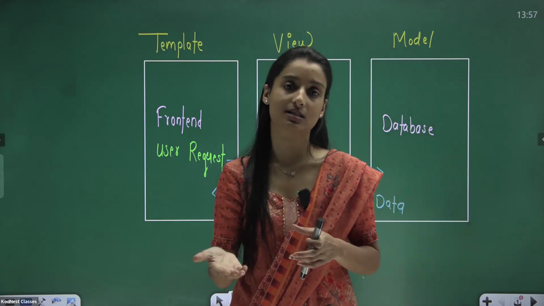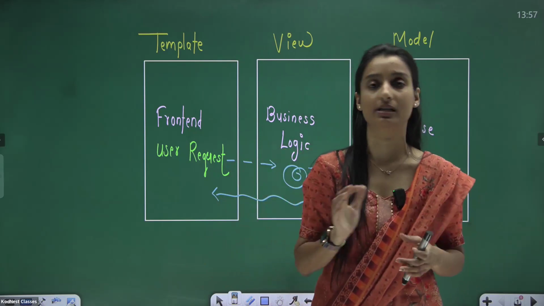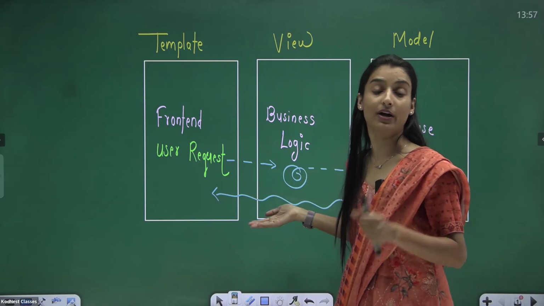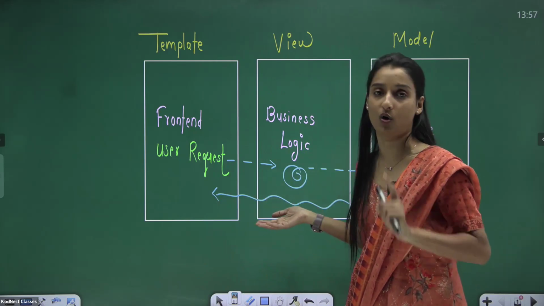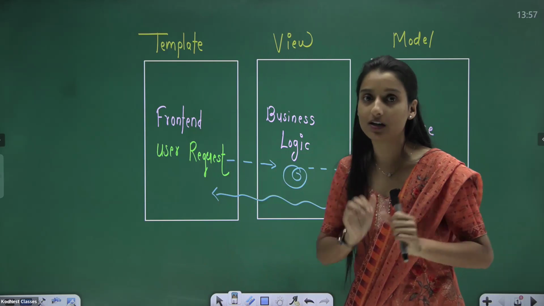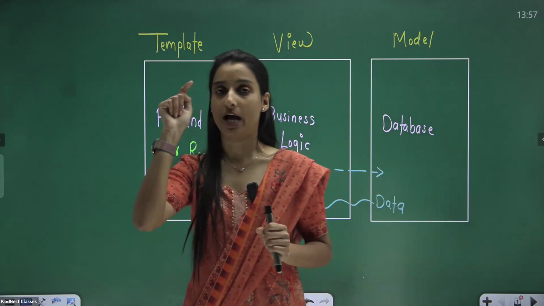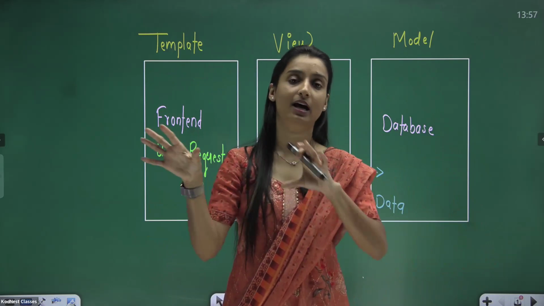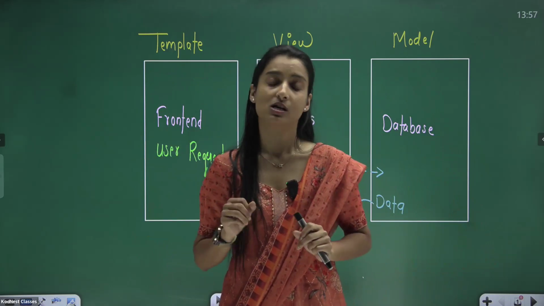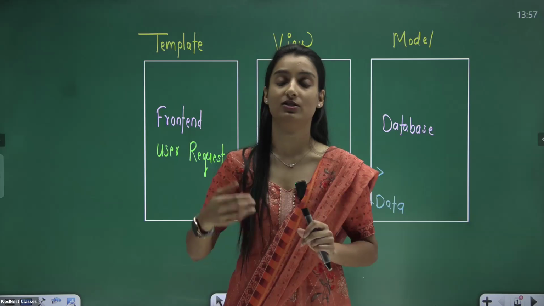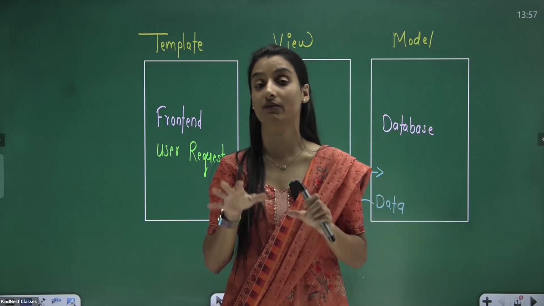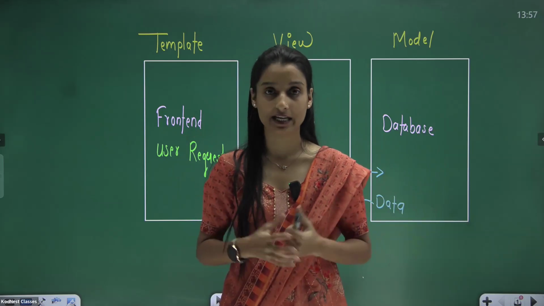If you have not registered, and you try to sign in, the application won't allow you, right? So business logic will verify whether you are a registered user or not. If you are a registered user, then what will happen? As soon as we hit sign in, some data we will get, right? The data regarding some products and all. Based on our watch history, based on our search history, by default some data we will get on our home page.